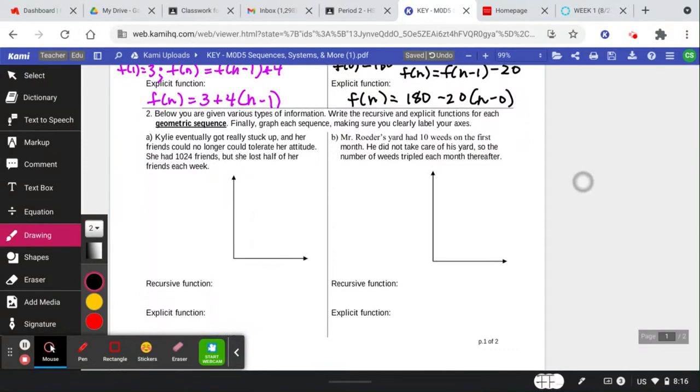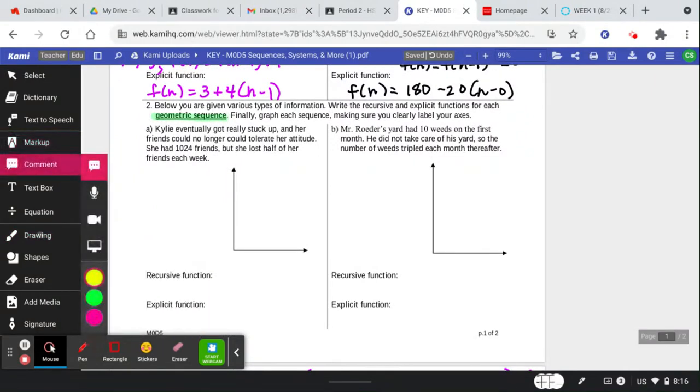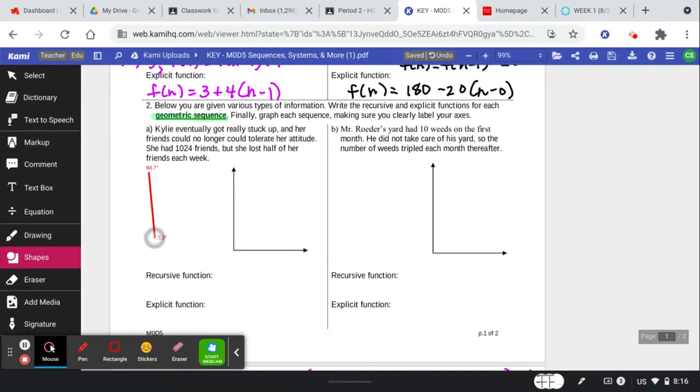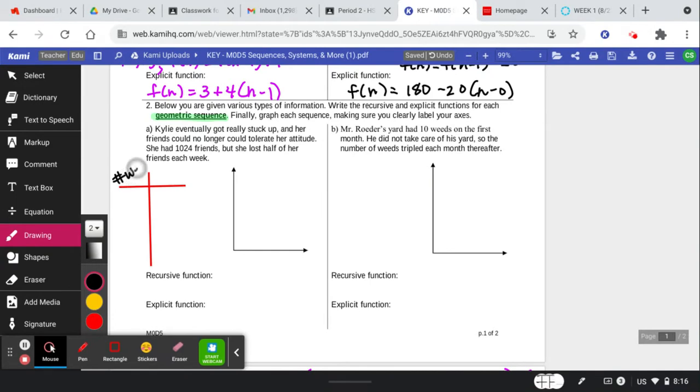Okay, on the last two, it talks about some geometric sequences. Let's see if we can recognize the difference here. Kylie eventually got really stuck up and her friends could no longer tolerate her attitude. She had 1,024 friends, but she lost half of her friends each week. So here is number of weeks, and here's number of friends.